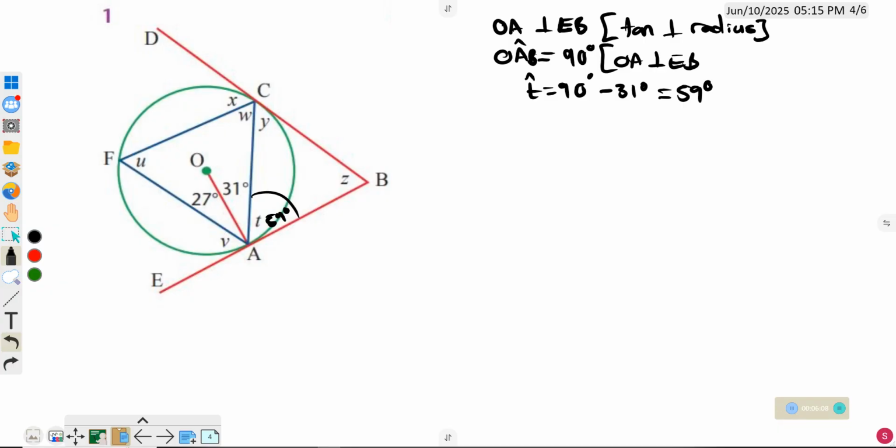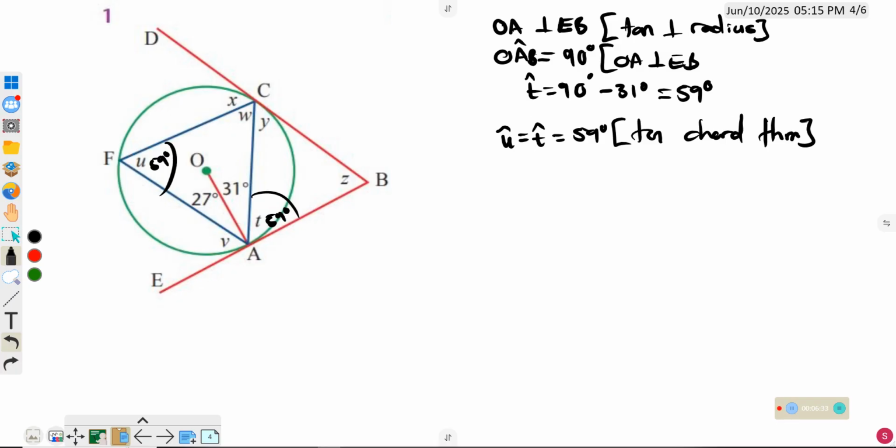We should find angle U. We have this triangle right here, and the tan-chord theorem applies. So angle U is equal to angle T, and they are both equal to 59 degrees. Why is that? This is the tan-chord theorem.